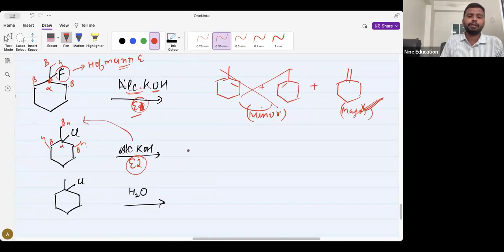So I have possibility, but which product will be made? Zaitsev product will be made. So Zaitsev product will be our major because no condition of Hoffman is given. Simple it is, E2 elimination Zaitsev will be more major than Hoffman.